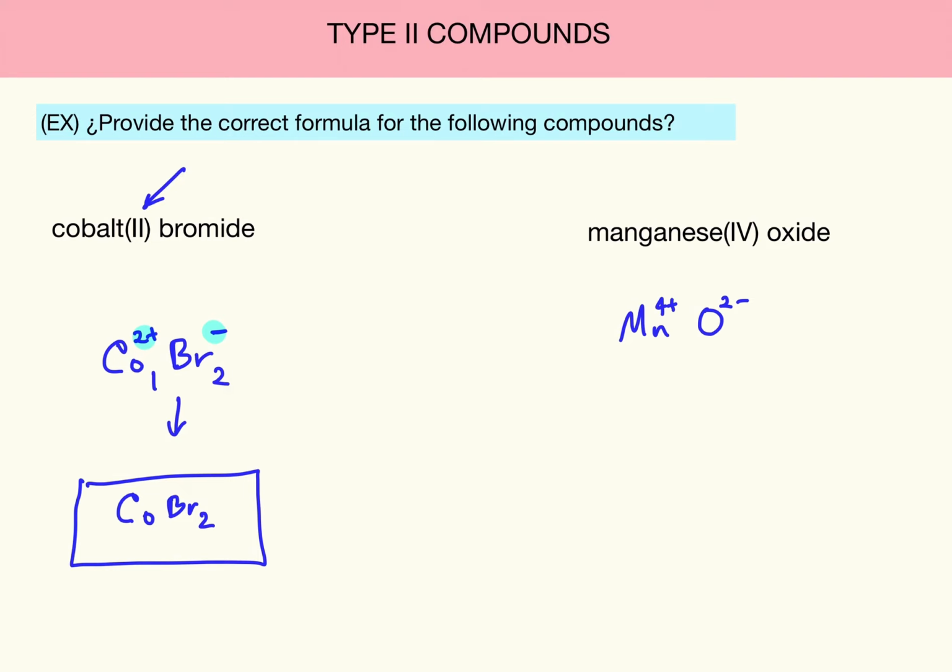Well, I can't use my cross multiply rule because they're both even, so all I need to do here is add a 2 beneath the oxygen. I can see my total negative charge is -4, and that will cancel the +4. Clean that up and get rid of the charges, and manganese(IV) oxide is MnO2.